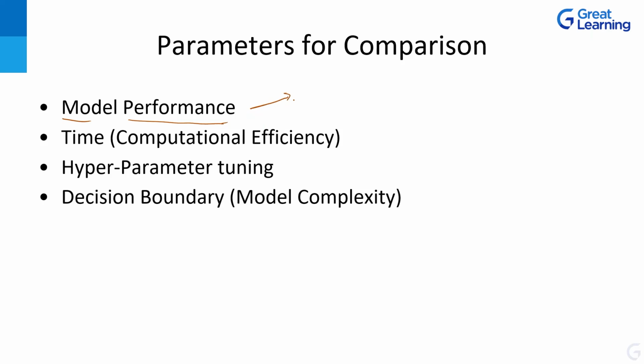When we talk about classification problems, the popular metrics are accuracy and also F1 score. Can you tell me some other metrics which are popular for classification? Maybe you can join in and type it on the questions panel. Any other metrics that you are aware of which are used to evaluate? Recall is a popular metric.